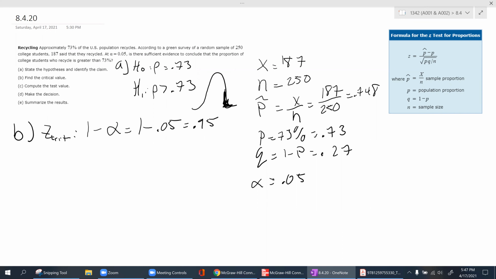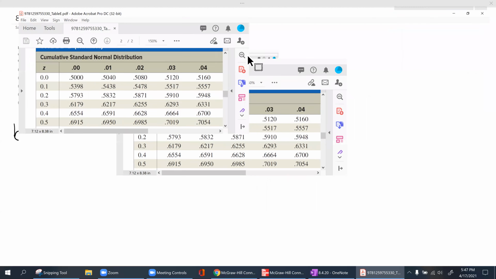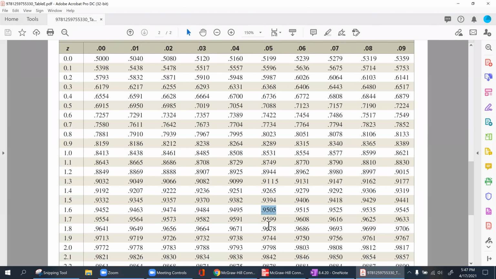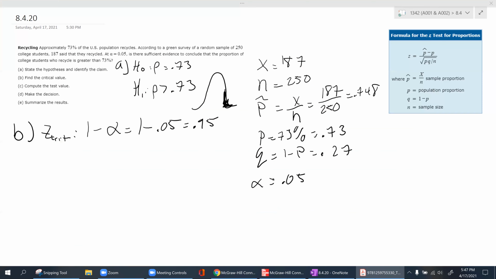And I'm going to work backwards. This is the area you're looking for in the graph. It's very similar to the previous one. I'm focused on those two. It's closer to this one. So the Z value I'm looking for is 1.65. Plus or minus?